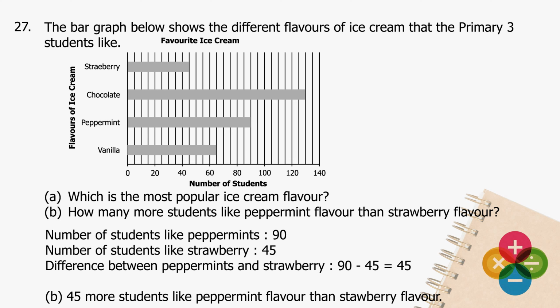The number of students who like peppermint is 90. The number of students who like strawberry is 45. The difference will be, subtract 45 from 90, and the difference is 45. B. 45 more students like peppermint flavor than strawberry flavor.